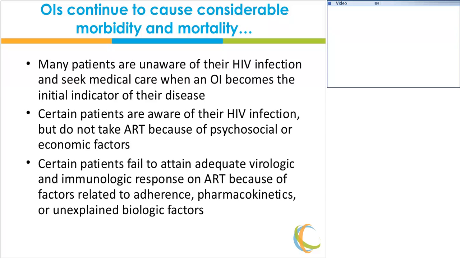And another group of patients are prescribed antiretroviral therapy but fail to attain adequate virologic and immunologic response because of factors related to adherence, pharmacokinetics, or unexplained biologic factors. Though hospitalizations and deaths have decreased since the implementation of antiretroviral therapy and chemoprophylaxis, OIs remain a leading cause of morbidity and mortality in HIV-infected persons.